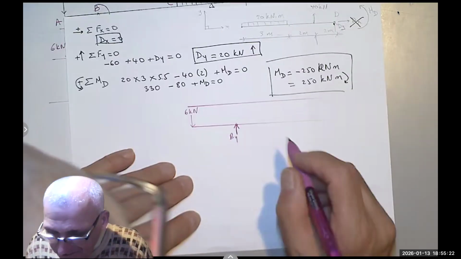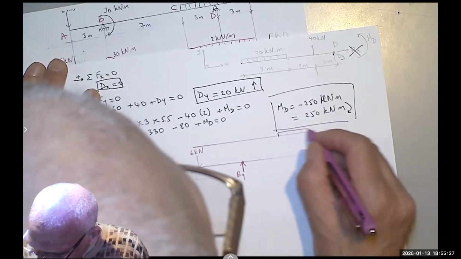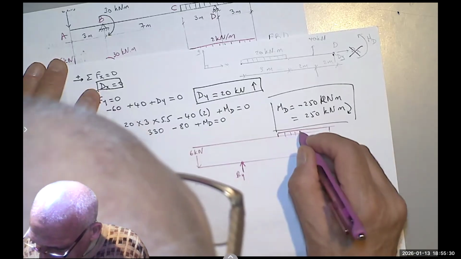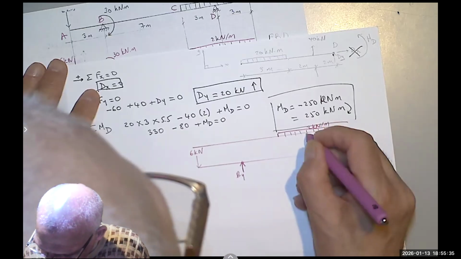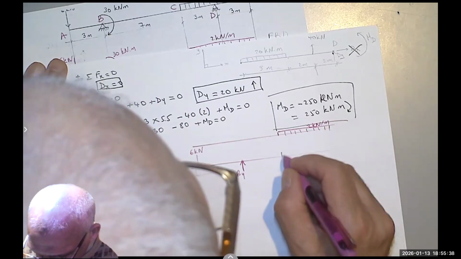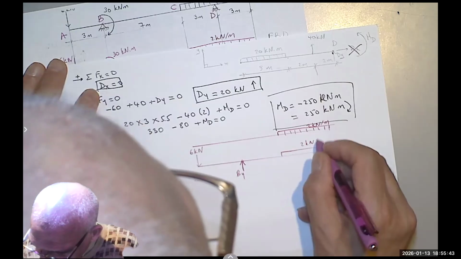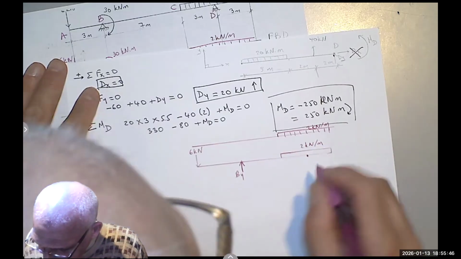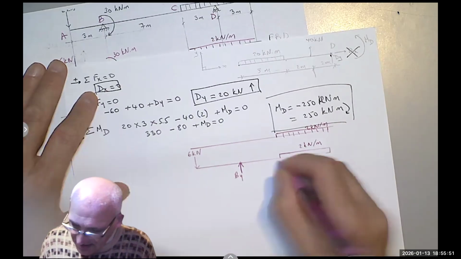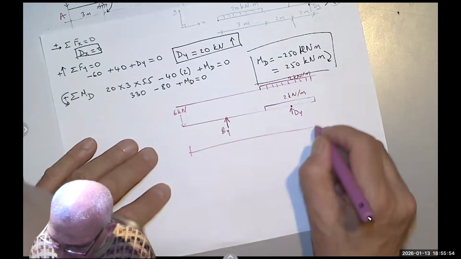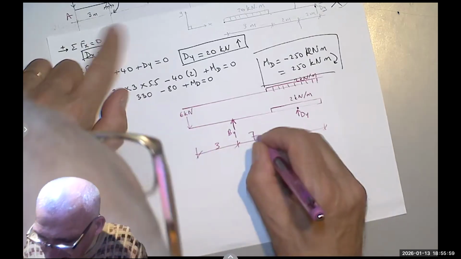We have By, then here till the end we have 2 kilonewton per meter, and in the middle I have also Dy. We don't have Dx because that's a roller. And the distances are 3, 7, 3, 3.